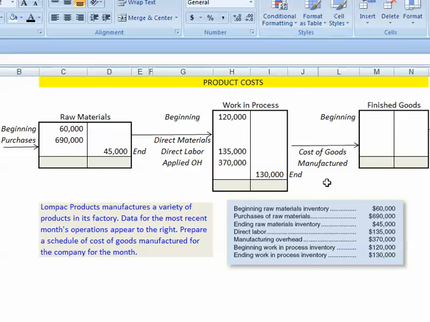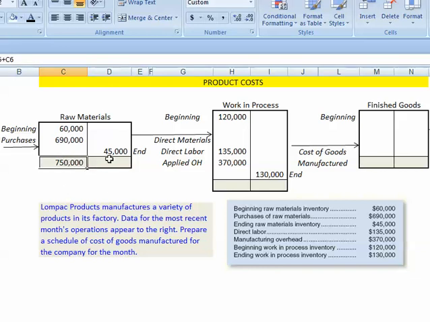Let's go ahead and look at the same problem using a cost flow diagram. We're told our beginning raw materials inventory is $60,000. Our purchases were $690,000. And our ending raw materials inventory is $45,000. If we add together our beginning inventory plus our purchases, we get raw materials available of $750,000.